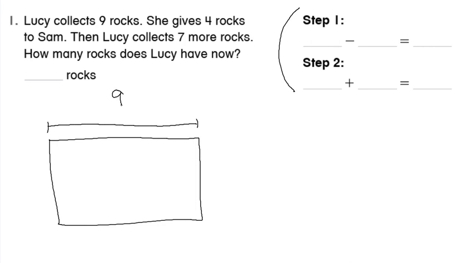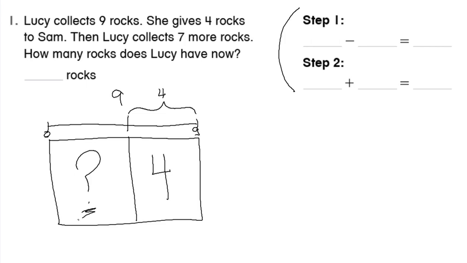So our open number line is going to go from 0 to 9. And she gives 4 away, so I'm going to split the rectangle up. We want to know how many she has after she gave 4 away. So the open number line goes from 0 to 9, and right here, this distance is going to be 4.